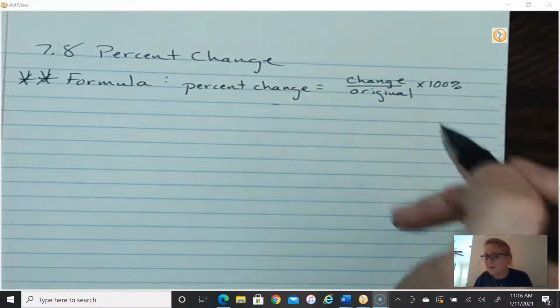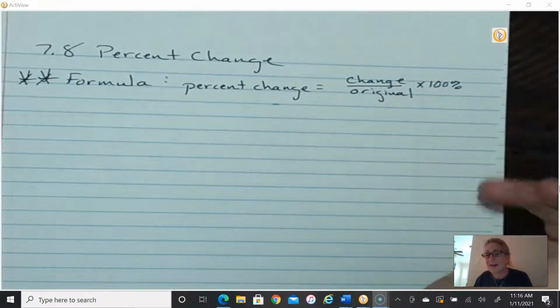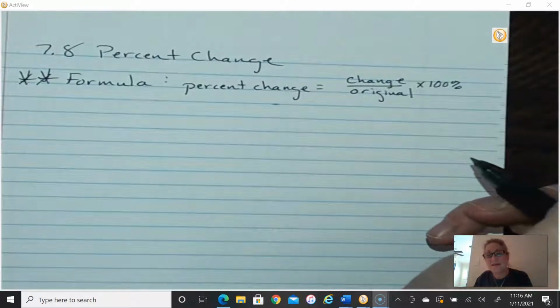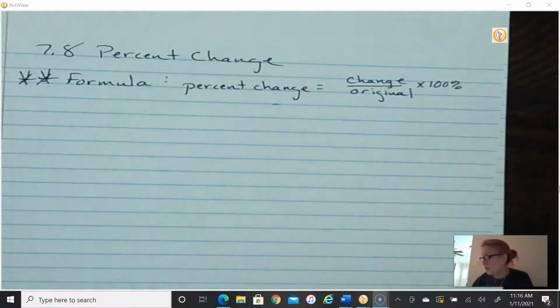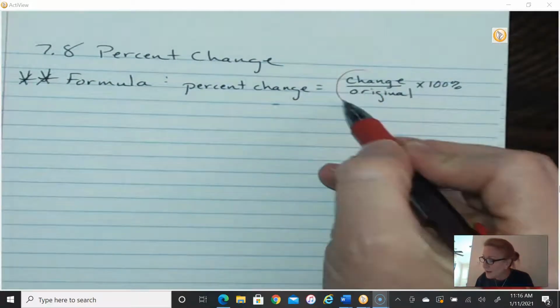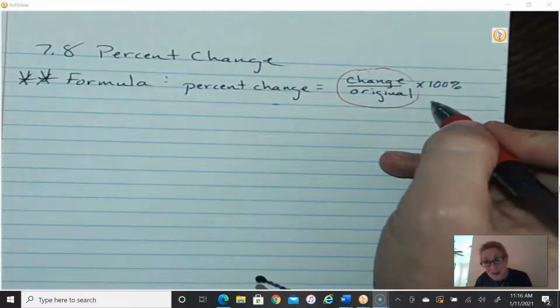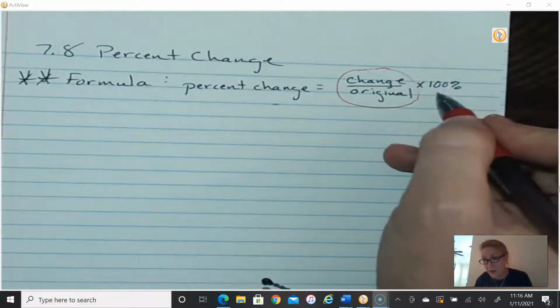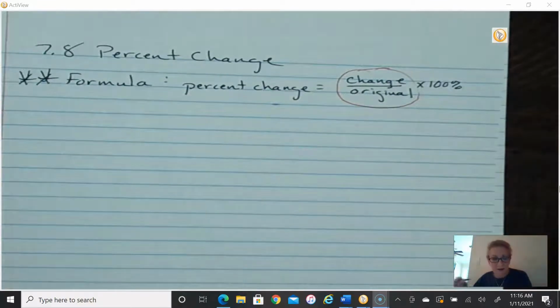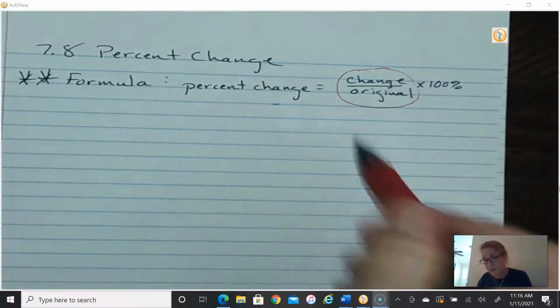Now, let me tell you, that's an extra step. You guys can do this in your head. So what I want you to focus on is this part right here. When you do that, you're going to just change it to a percent. Don't worry about the multiplying. This is the formula.